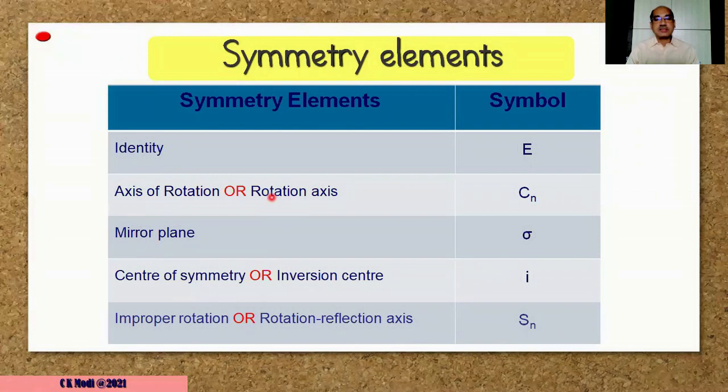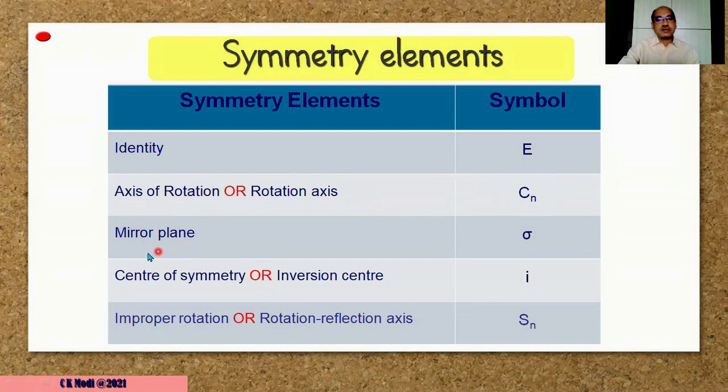Now, symmetry elements. There are 5 important symmetry elements. Which ones? The first one is called identity, symbolized by E. The second symmetry element is called the axis of rotation, also referred to as the rotation axis, which is symbolized by Cn.